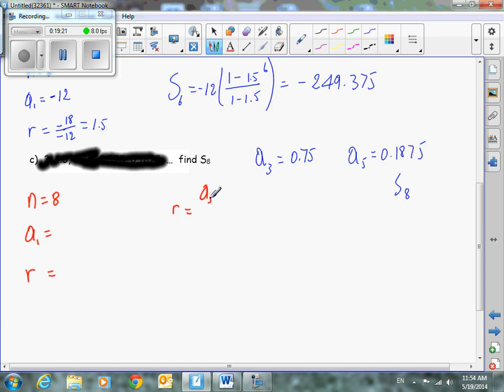R is equal to, correct me here, because I just made a mistake. What's wrong? That's 5 minus 3 over 5. It's R squared, because 5 minus 3 is 2. R squared is A5 over A3.